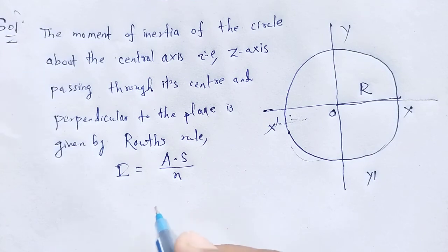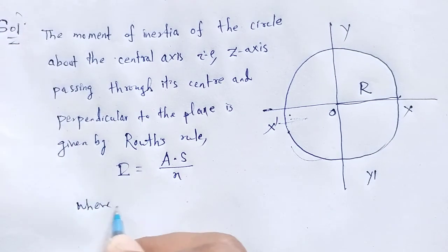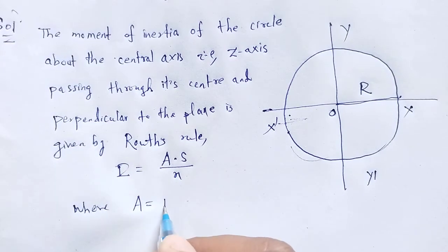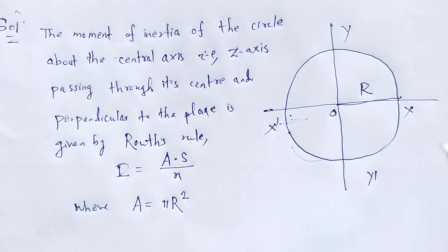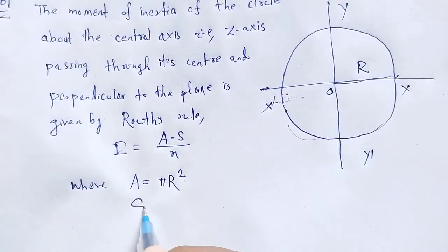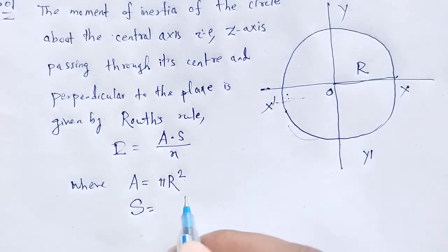where the area is equal to pi r square, r being the radius of the circle.